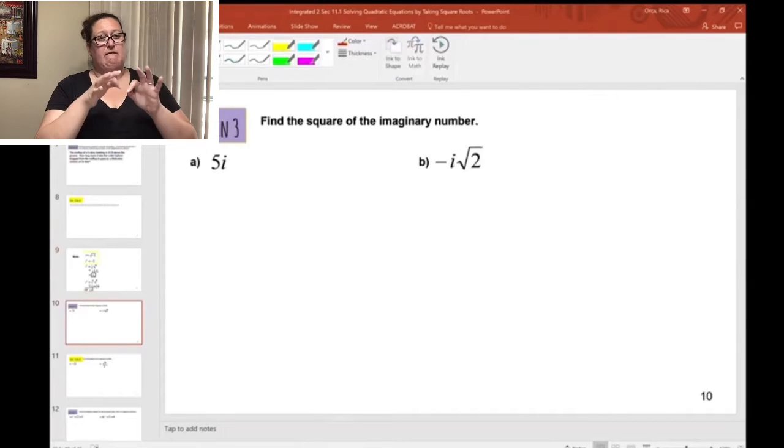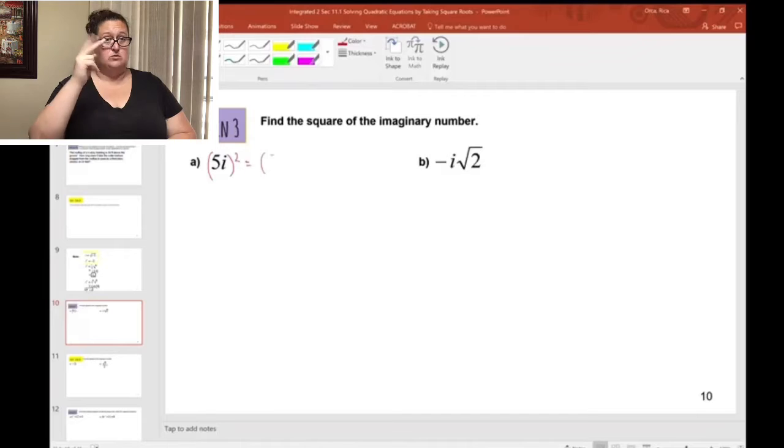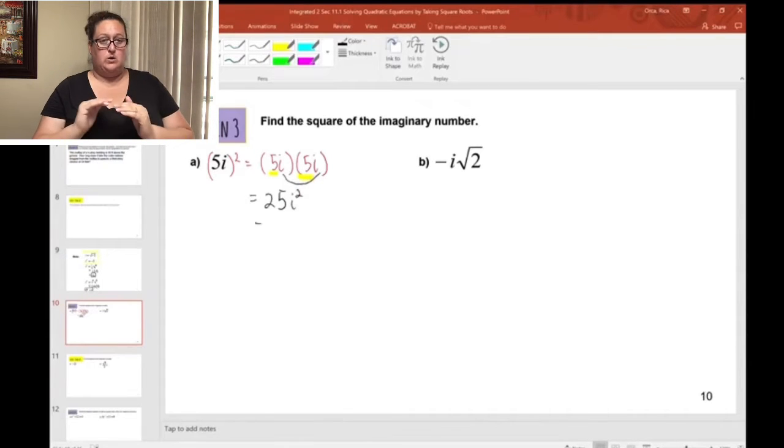So we need to take the 5i and square it. 5i squared is equal to 5i times 5i. 5 times 5 is 25. And i times i is i squared.